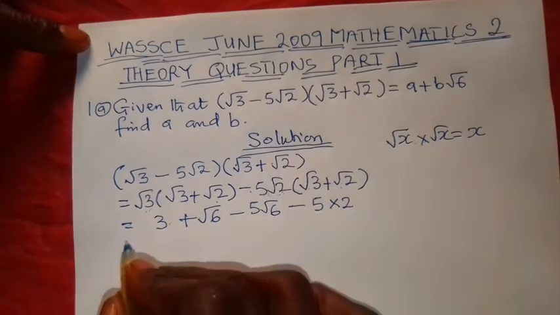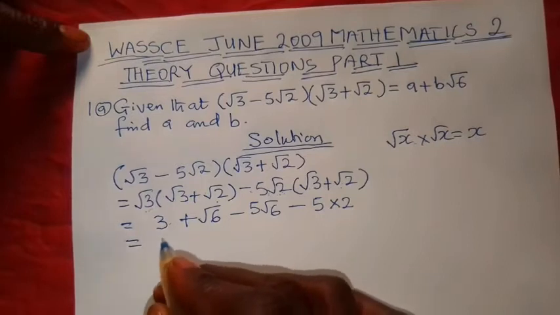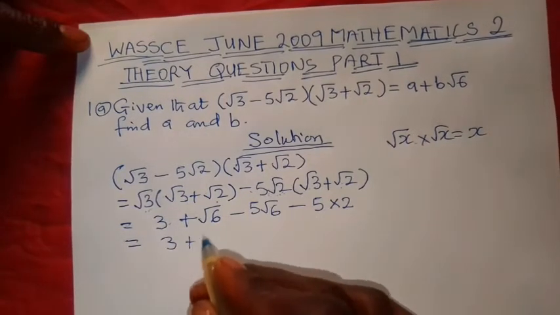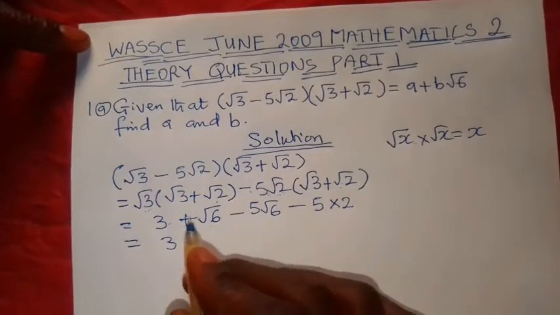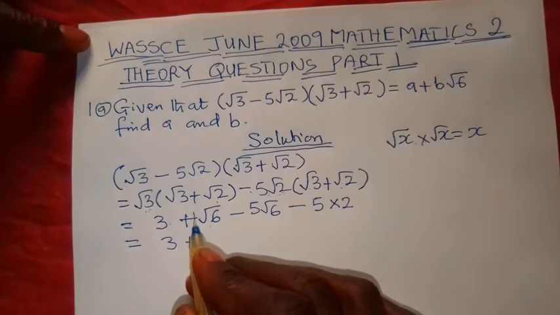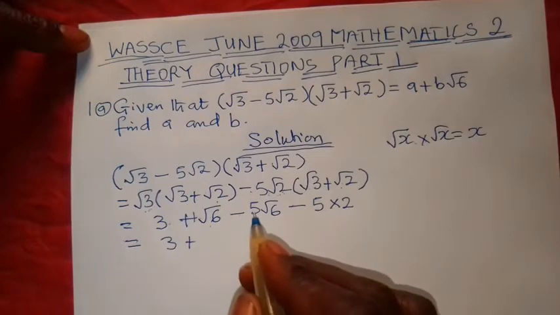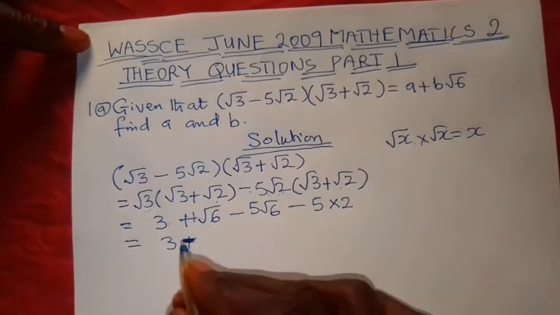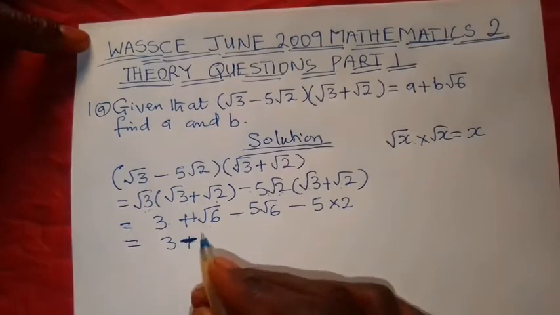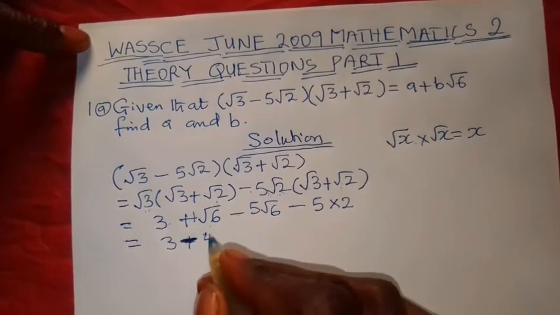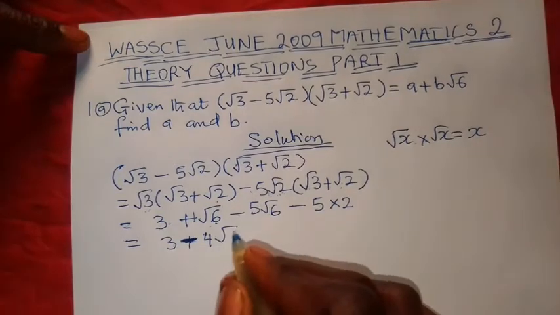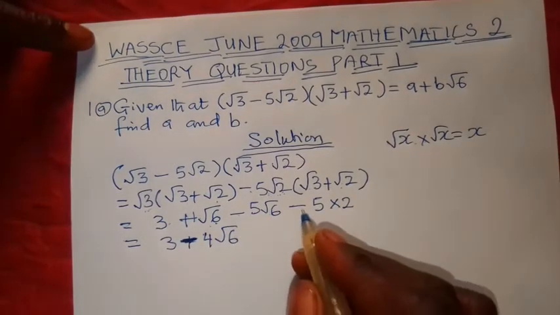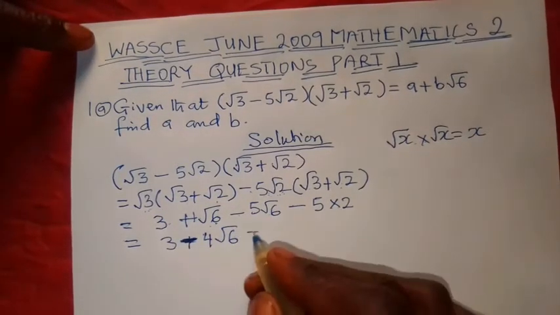Then what we do next is to write this as 3 plus, and if you check, the coefficient here is 1. It's an invisible one, so we can write it out. So 1 minus 5 will give us minus 4. So I'm going to write this place not positive but negative 4, then our √6 comes in there. Then here we have minus 5 times 2 is 10, so we write minus 10.